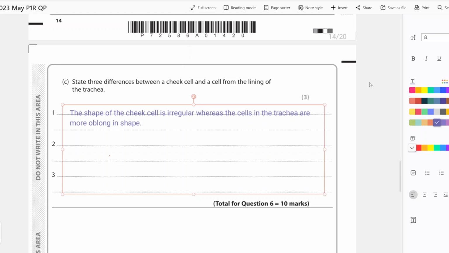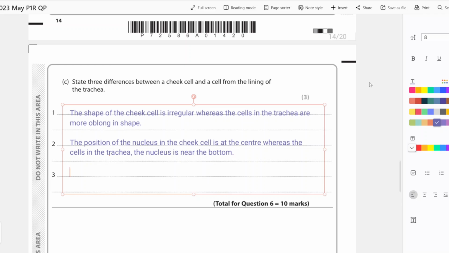All right, the second point is the position of the nucleus in the cheek cell is at the center, whereas in the cells in the trachea the nucleus is near the bottom.